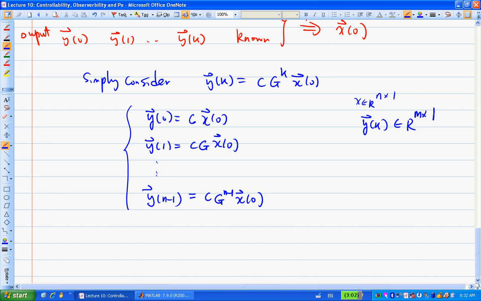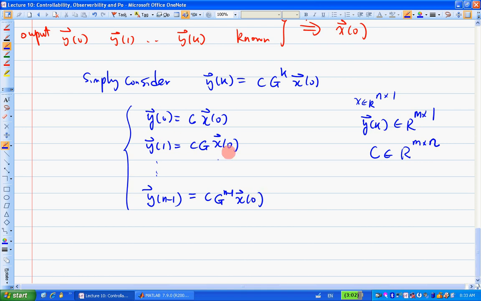If the size of y is m by 1, then what is the size of the matrix C? x is n by 1, y is m by 1, so the size of C is actually m by n. Then if you look at each one of them, how many equations do we have for each one?